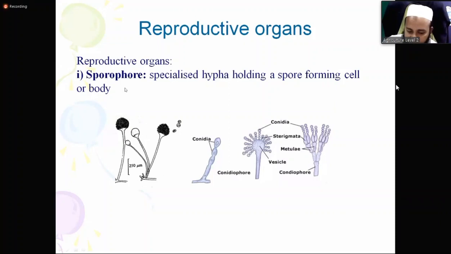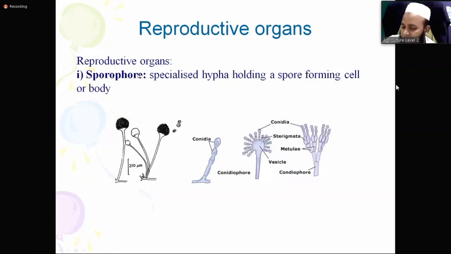So here you can see many spores, the blackish ones. These are spores. One fungus may produce millions or trillions of spores. So, a spore-bearing stalk, spore-bearing branch, spore-bearing special hypha. So a specialized hypha holding a spore-forming cell or body is called sporophore.